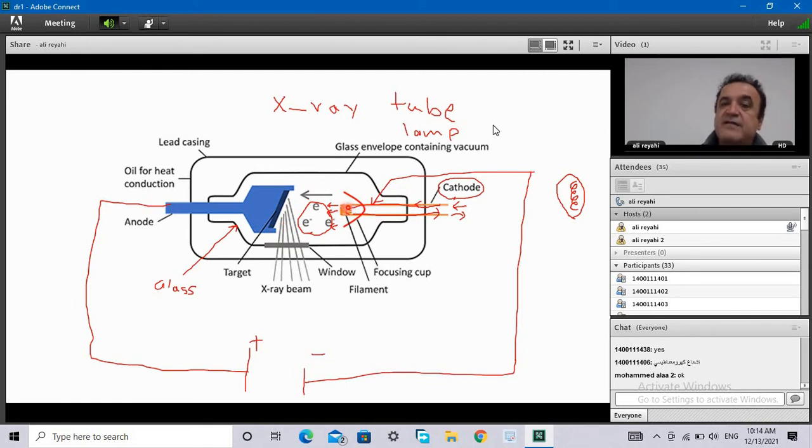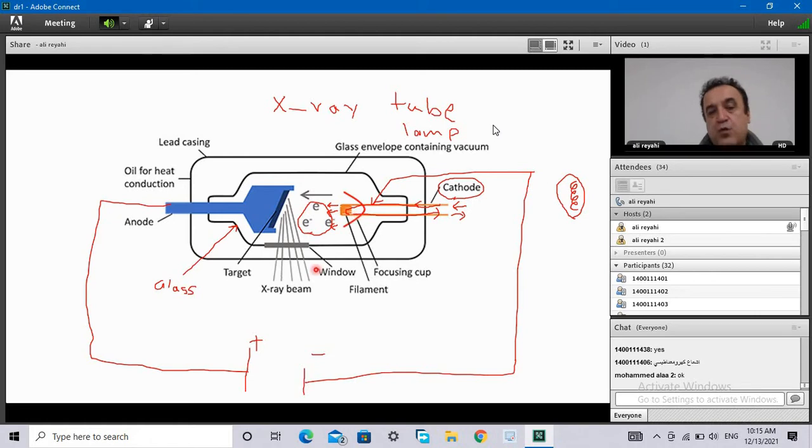It is a block of tungsten. Of course, this block is embedded in or covered by another metal, for example copper. Copper can easily convey the heat.